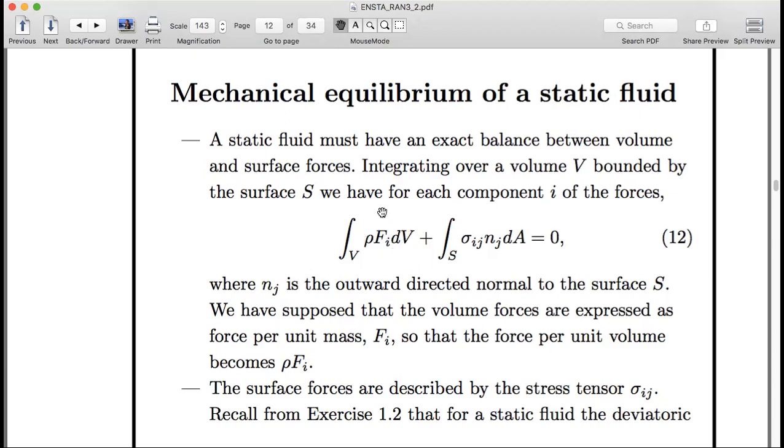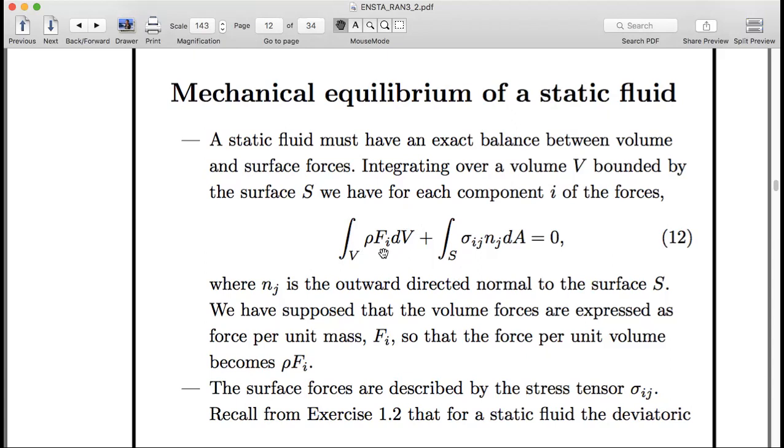Then we want to apply this to some body, which is a general thing, but it'll be enclosed by some surface S, and it'll have some volume V. In integral calculus, we learn that we want to sum up the force over that entire volume.